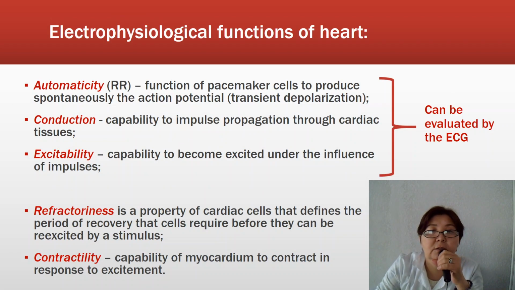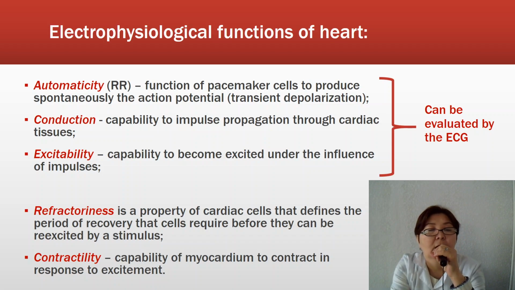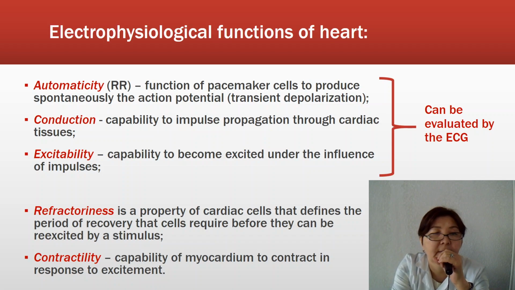Electrophysiological functions of the heart. The heart is characterized by automaticity, conduction, excitability, refractoriness, and contractility. Automaticity is the function of pacemaker cells to spontaneously produce the action potential, transient depolarization.